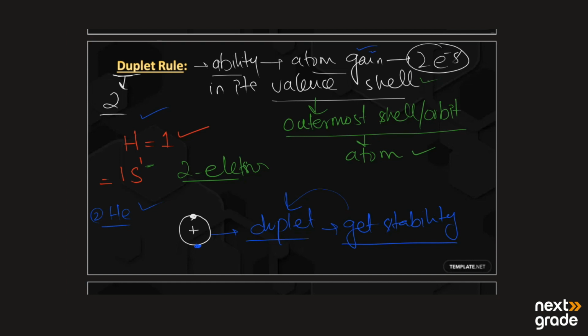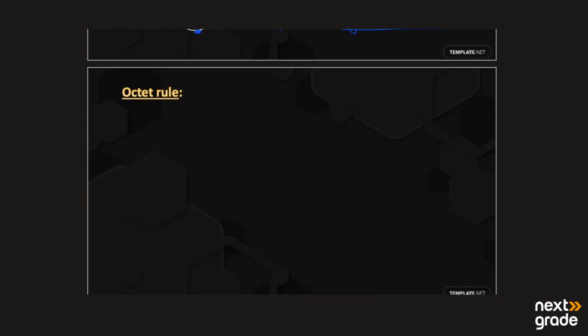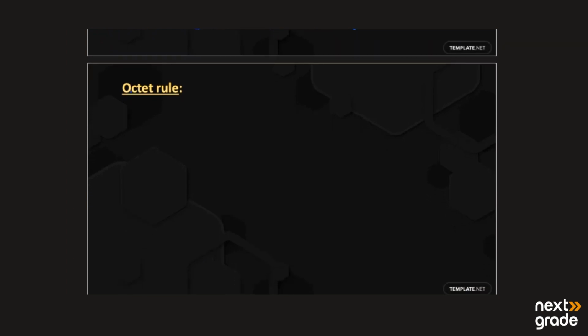Next we have the octet rule. The word octet has been derived from octa, and octa means 8. So by the definition, it is the gain of 8 electrons in the valence shell of an atom. This is known as the octet rule. Why do atoms need 8 electrons? Why do atoms obey the octet rule?